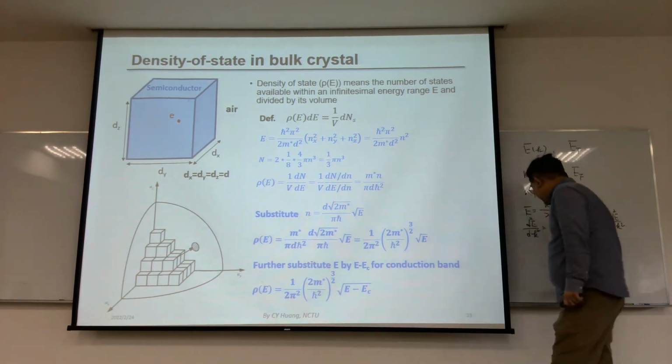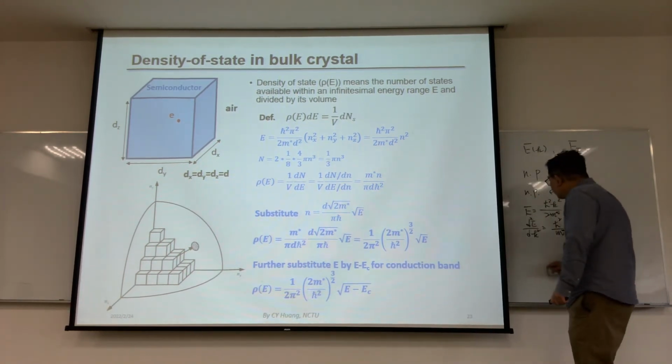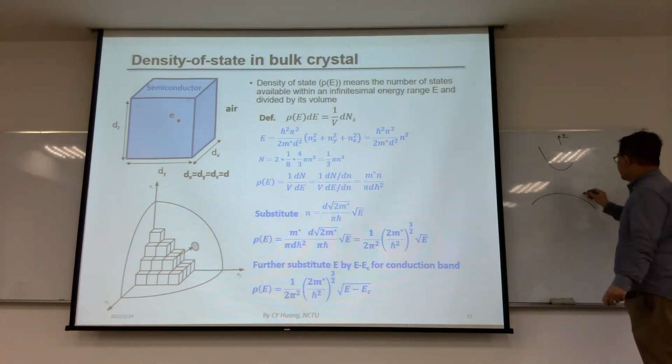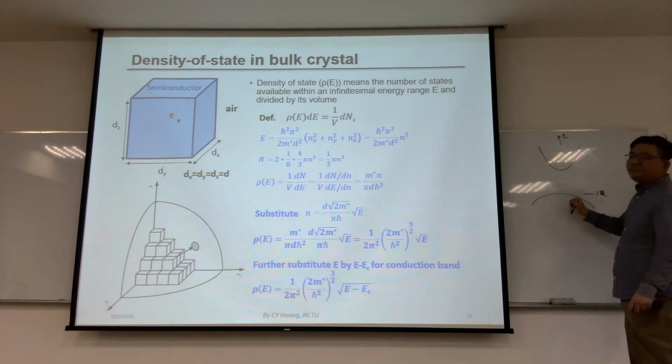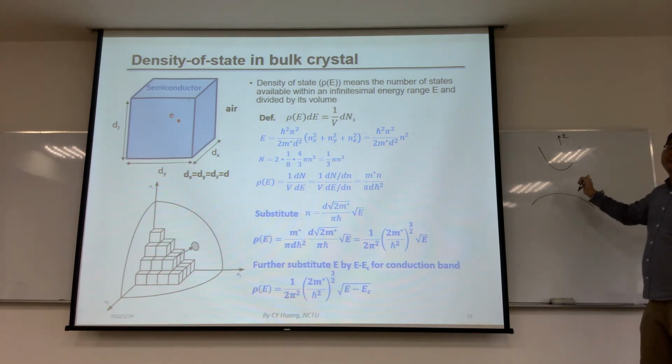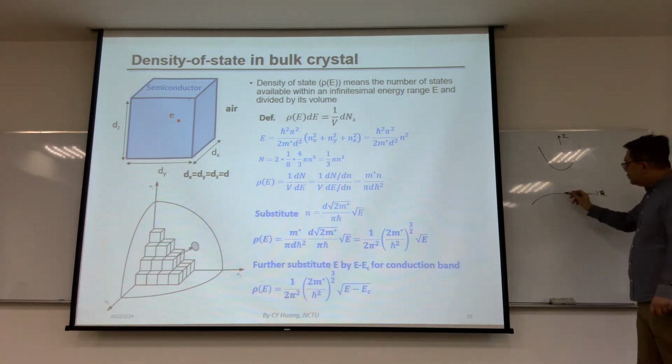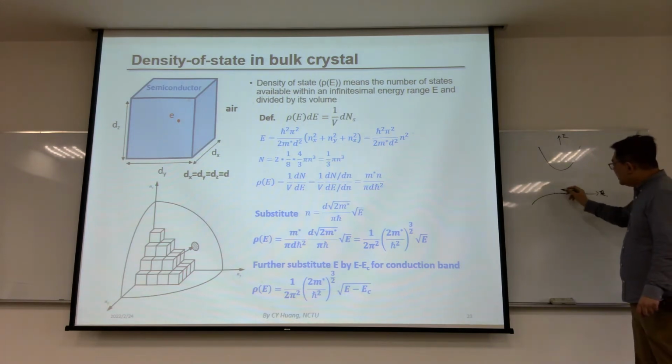Since you are drawing a band structure, this is the energy, this is the k. Since you are drawing two bands in the same figure, you must define where zero is. For convenience, we usually assume here EV is 0.